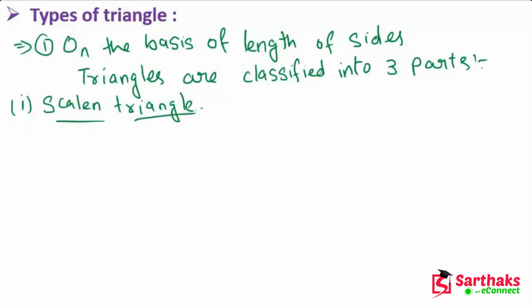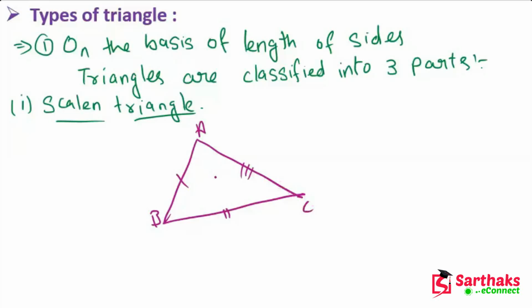Scalene triangles are those triangles in which all the sides are unequal. Means all these sides are unequal. A, B, C. A scalene triangle is a type of triangle in which all three sides have different measures. Due to this, the three angles are also different from each other.